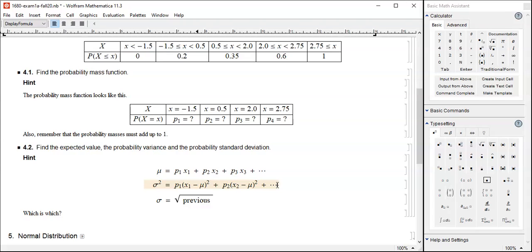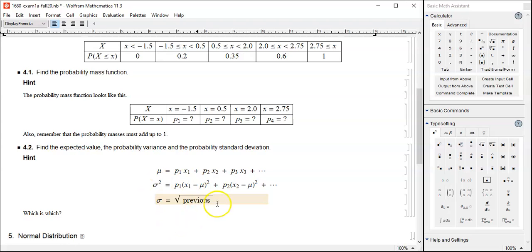So those deviations will just cancel each other, and you have nothing. By making all these squares, you're making everything positive. Probability is always between 0 and 1. That's positive. And square, that too is positive. So you're adding up a bunch of positive numbers. So that's always positive. And consequently, you can take the square root. Inside of the square root has to be always positive, and the square root value is always positive.